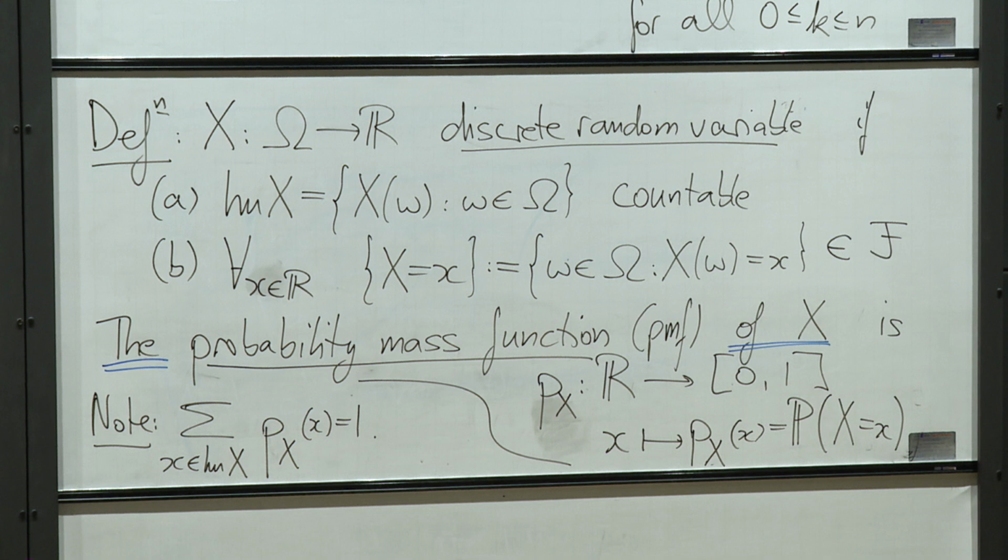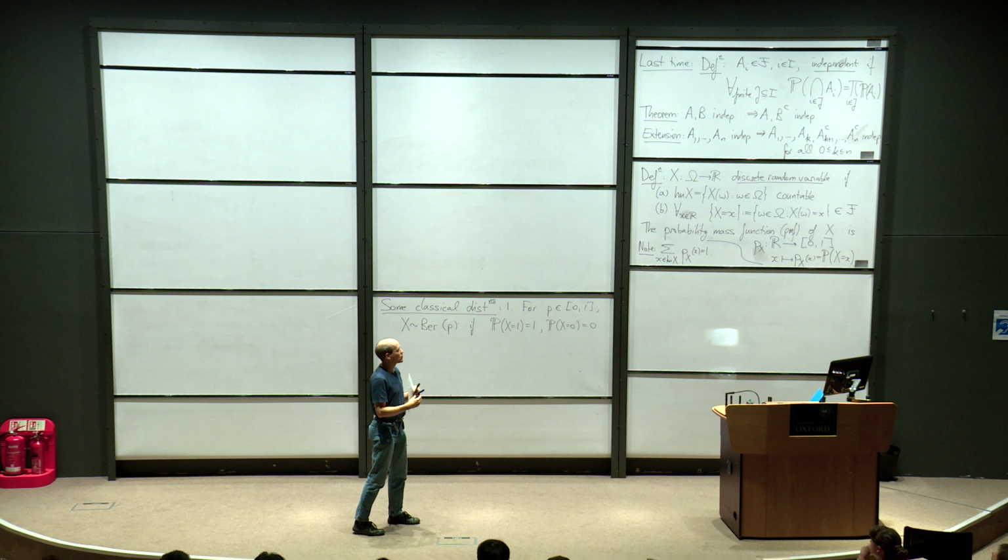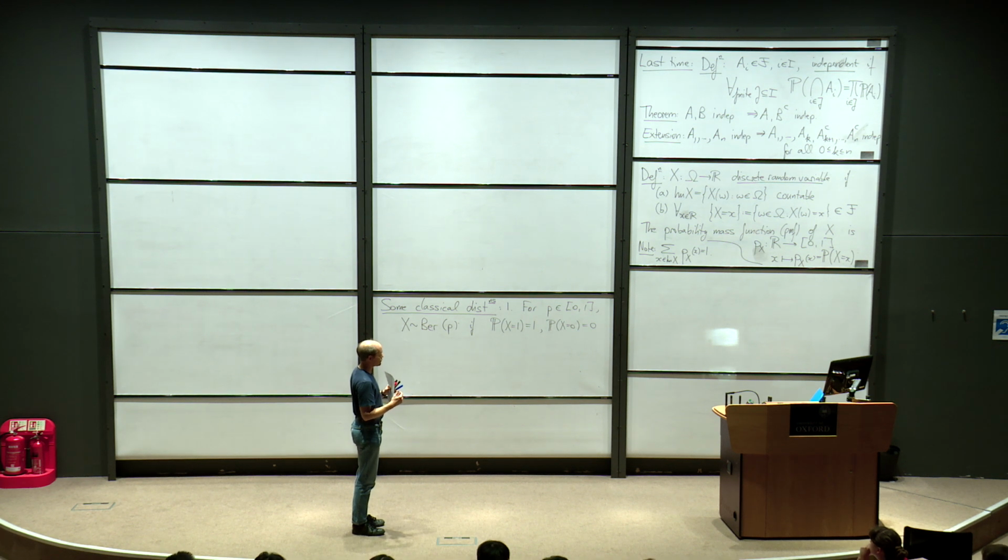What you should remember is the definition of a probability mass function, which I'll abbreviate PMF, which is collecting all of those probabilities of X taking a specific value little x as a function of that specific value little x. And that is maybe the way to remember that condition B, that needs to be meaningful, so the event X equal to little x has to be a member of the set of events to which the probability function P assigns a probability.